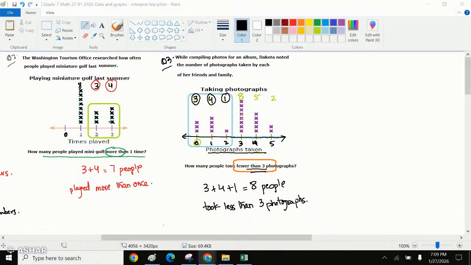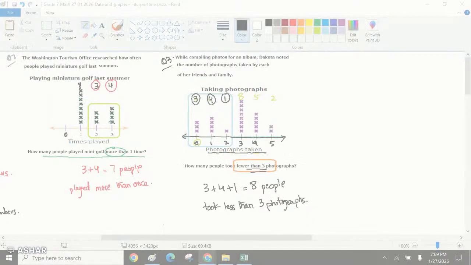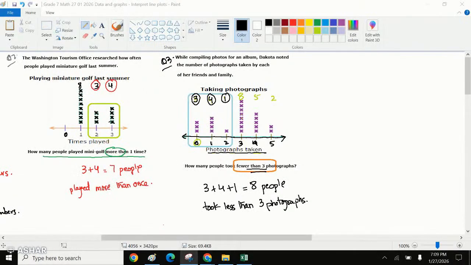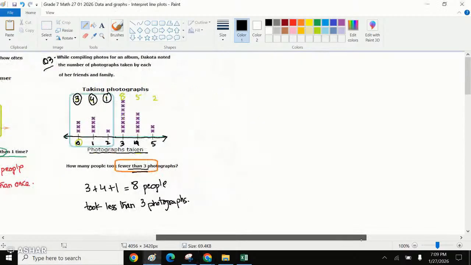So let's move on to the next question. It says the Summerfield Middle School fundraising committee found out how many sweatshirts students have. They're looking at the number of sweatshirts.